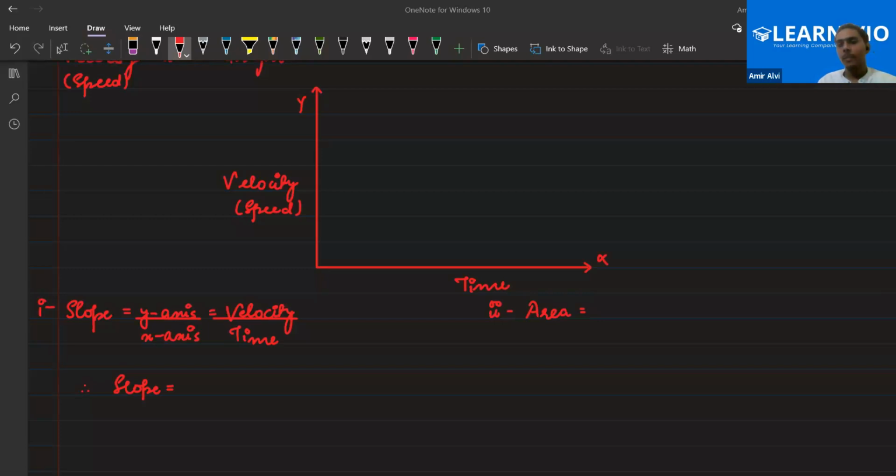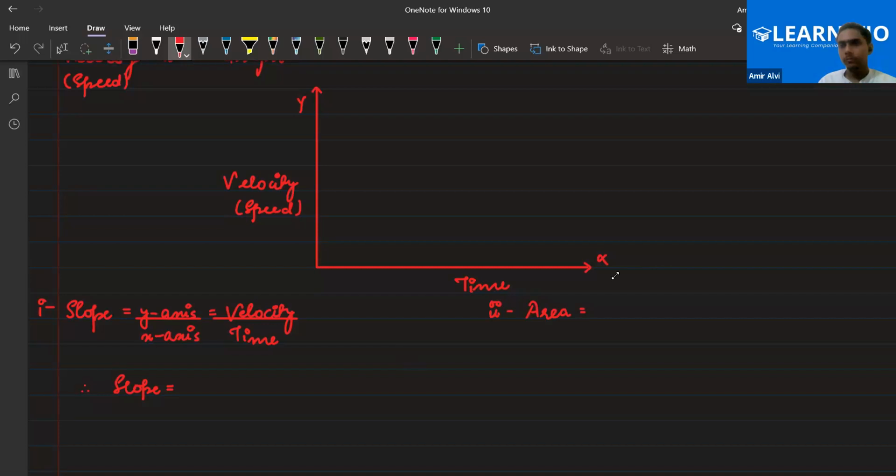Any answer? What is velocity by time? Nobody knows what is velocity by time. Seriously, nobody knows.